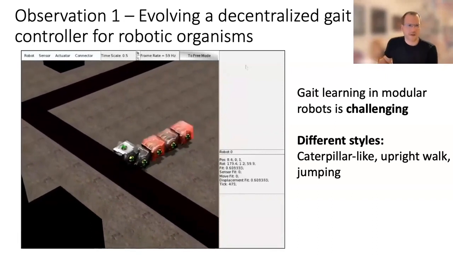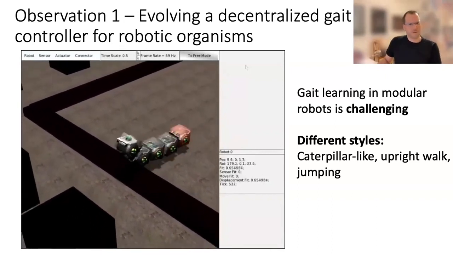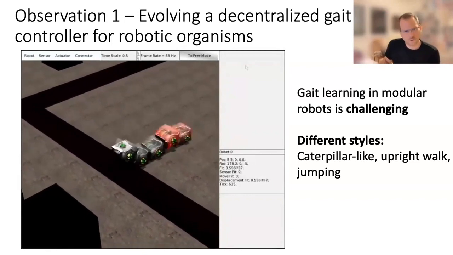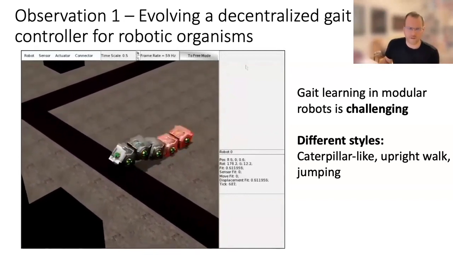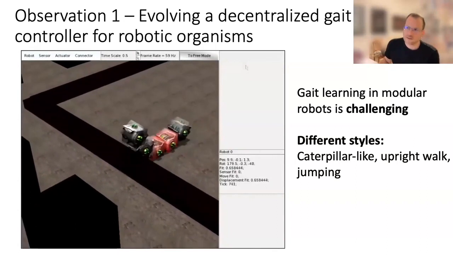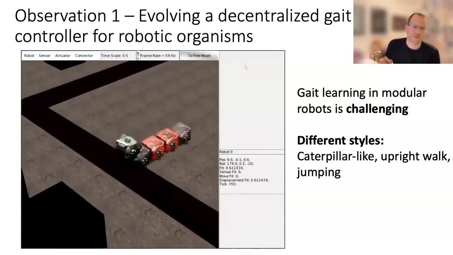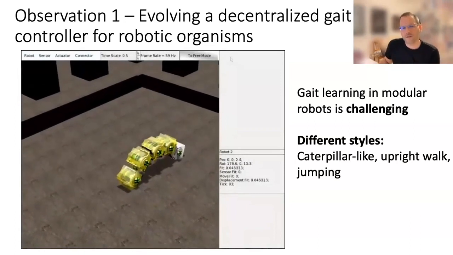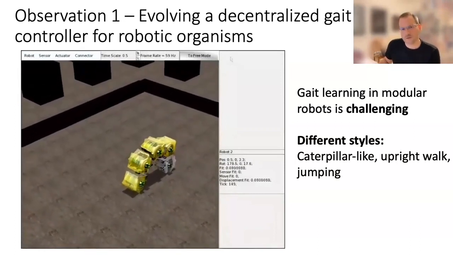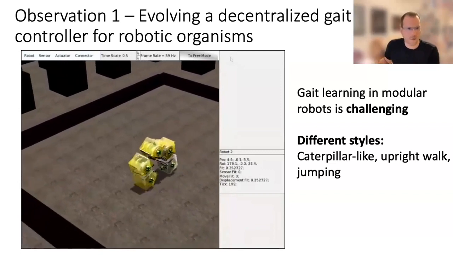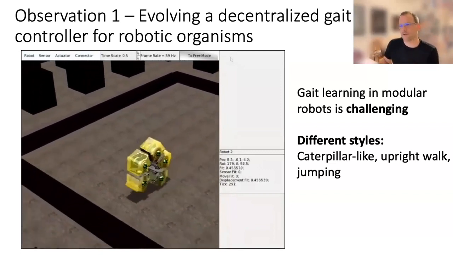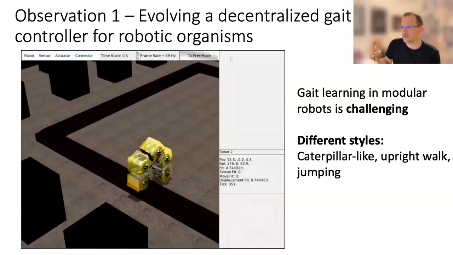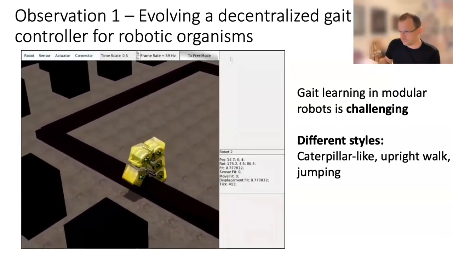Other styles are this upright walking that we saw also initially, and then later we will show you also some jumping behaviors. We have set gravity in this physics-based simulation to relatively low values, so it was kind of allowed or expected that the robots might also jump, as you can see here in this particular example.